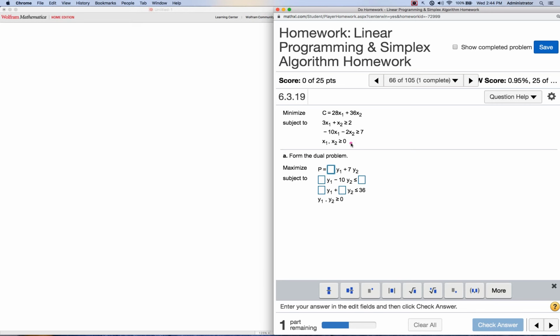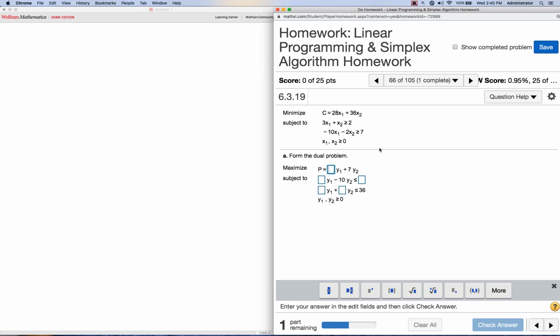And we're not going to worry about these inequalities because they are basically given in practically every single linear programming problem that we do. Okay, so, we're not going to worry too much about these inequalities right now.